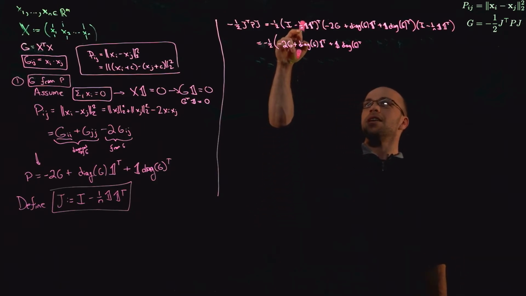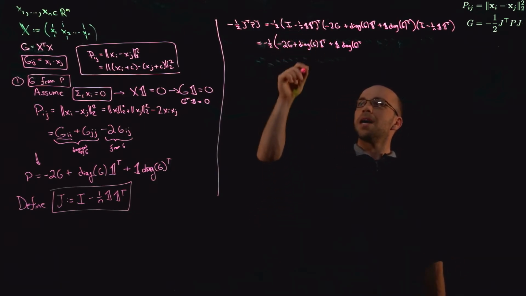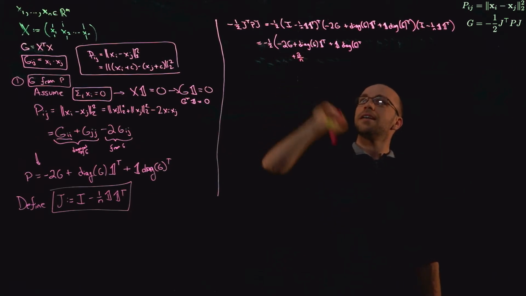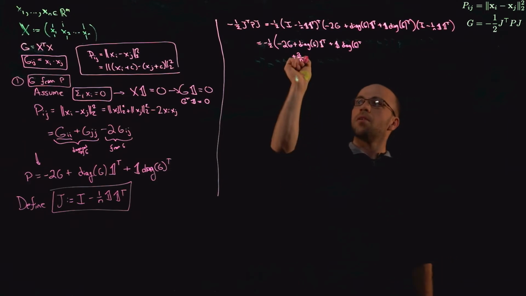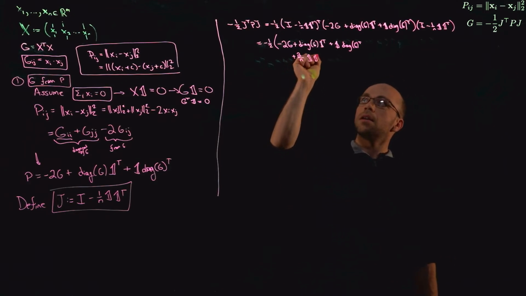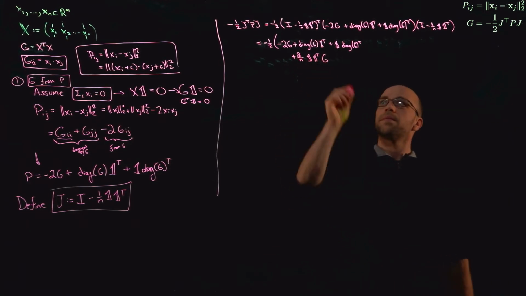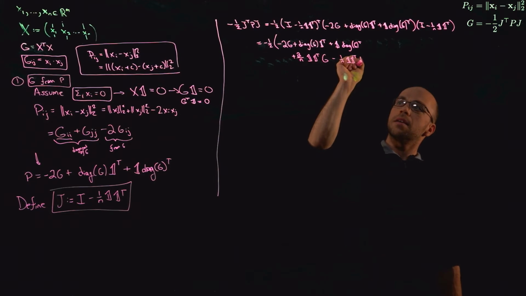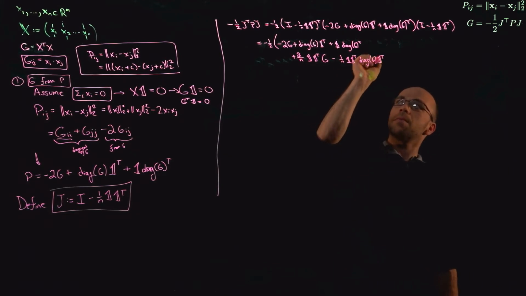Well, let's see, we have a minus 2 and a minus 1 over n, so this is a plus 2 over n times 1, 1 transpose g. Okay, and then we have a minus 1 over n, 1, 1 transpose times the diagonal of g times another 1 transpose.